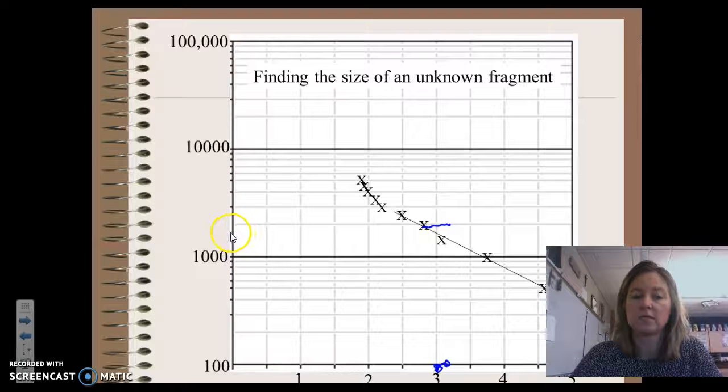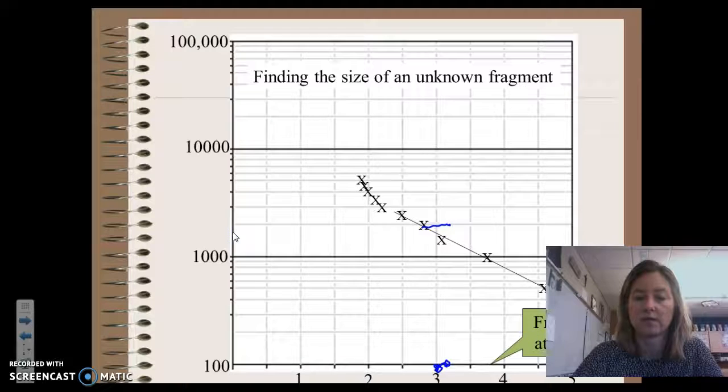Using this point on the y-axis, I can estimate that my data is a little more than halfway, so it's about right here. I'd probably say it's about 1,750 base pairs long. And so that would be the number that I would record as the length of fragment for that particular section.